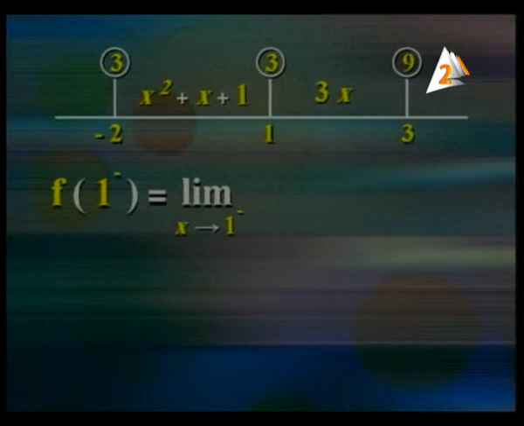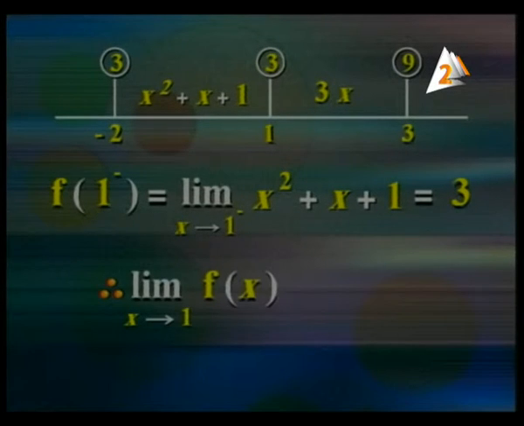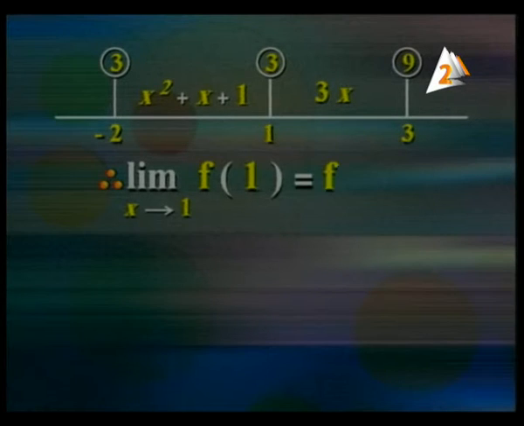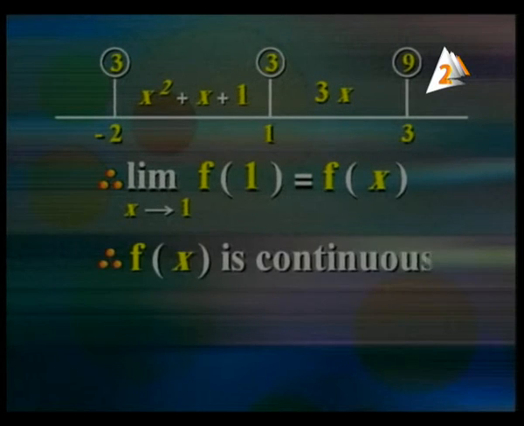Substituting x equals 1 in x squared plus x plus 1 also gives 3. Therefore, the limit of f of x equals 3. The function is continuous at x equals 1, since f of 1 equals the limit of f of x. So f of x is continuous at x equals 1.